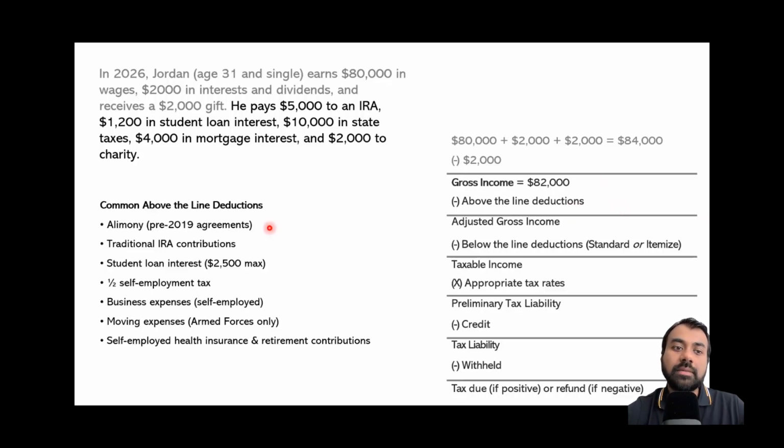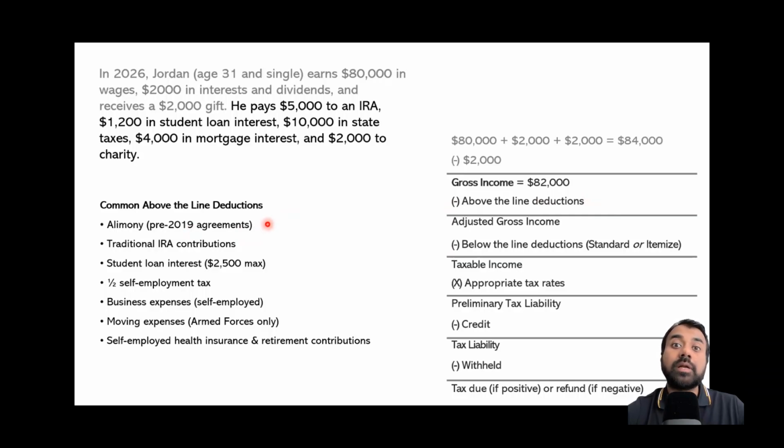One common item here is alimony, but only if you got divorced before 2019 and you are the person who is paying your ex-spouse alimony, then you can deduct that alimony amount as an above the line deduction. But please pay attention to this timeline, that the divorce needs to be settled before 2019 for these alimony payments to be above the line deductions.